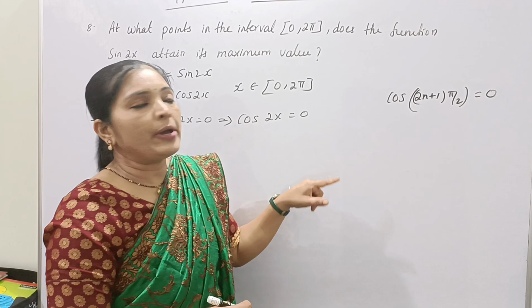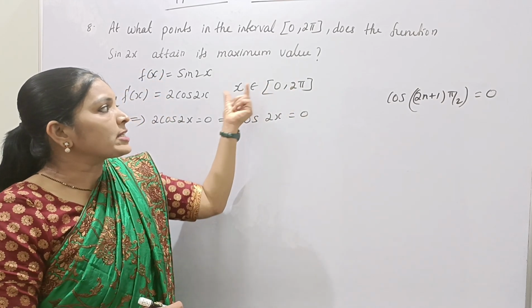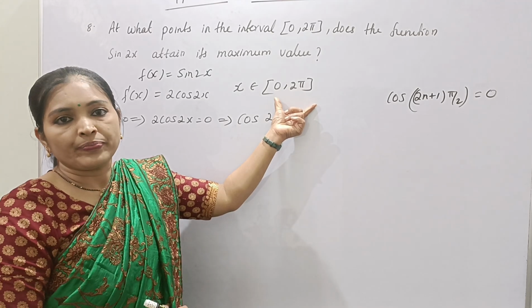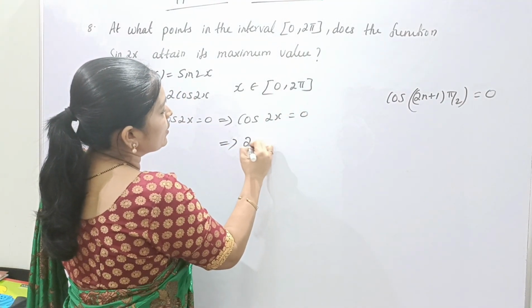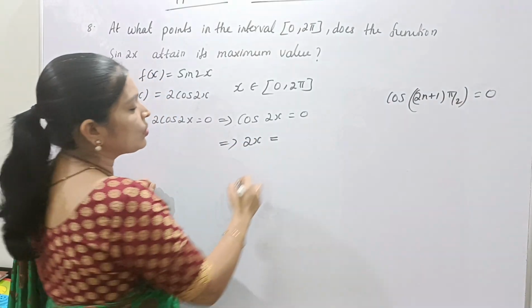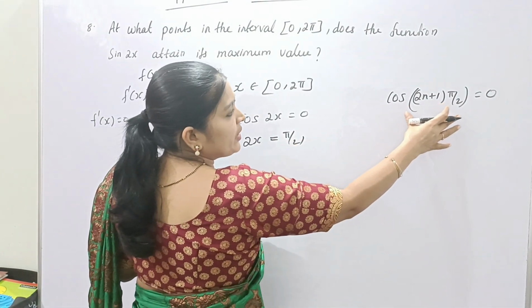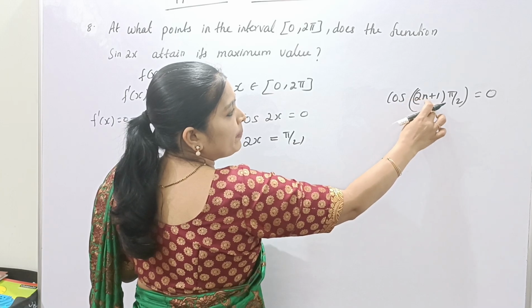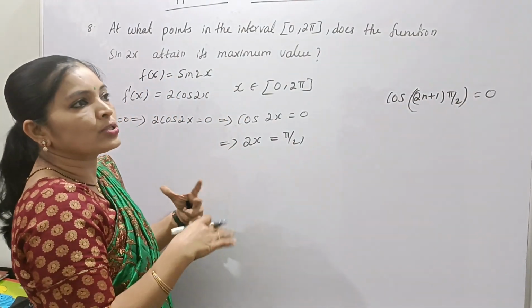But this 9 pi by 2 does not belong to this interval. Okay, here it is given x belongs to 0 to 2 pi. Because we have cos of (2n plus 1) pi by 2 is equal to 0, at which values is cos 0?